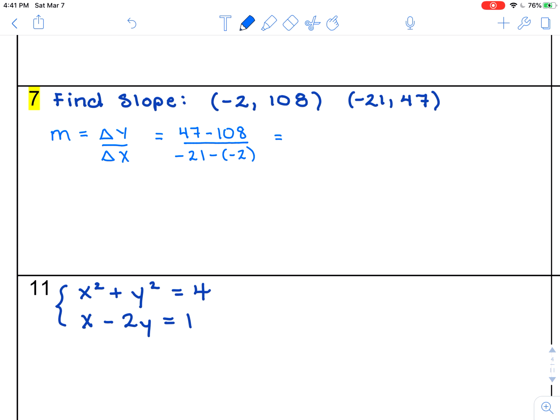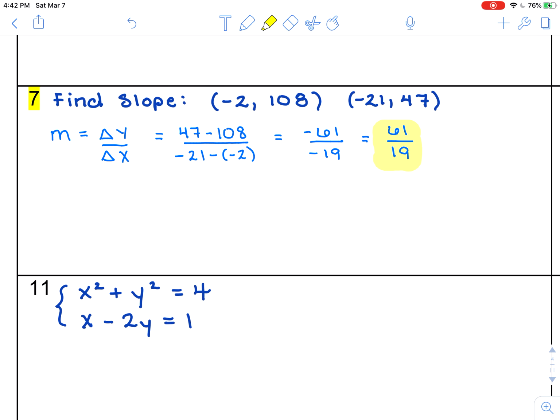All right, and then you're going to do some math, subtracting, and I get a negative 61 over a negative 19. Looks like I can sword fight those. They do not reduce, though. It is going to stay ugly, 61 over 19.